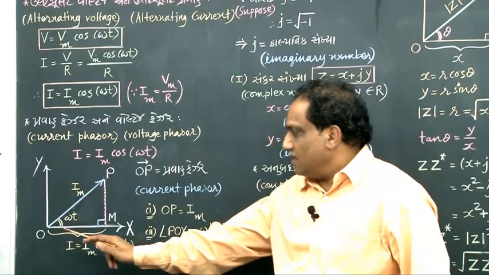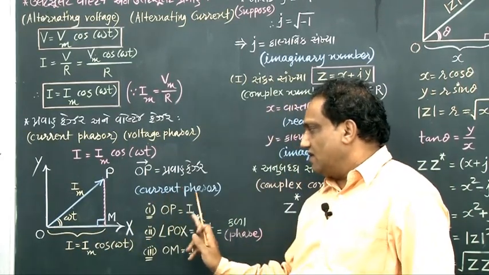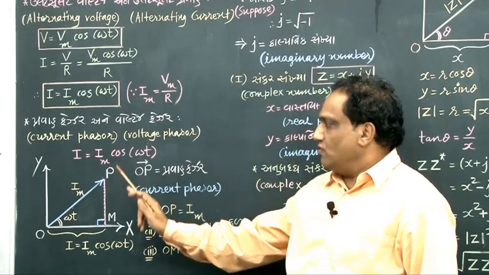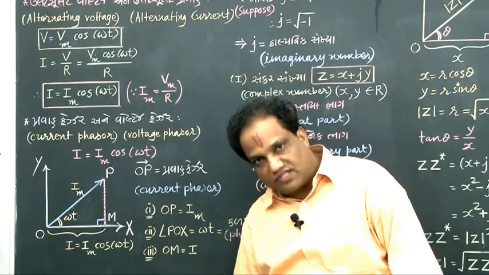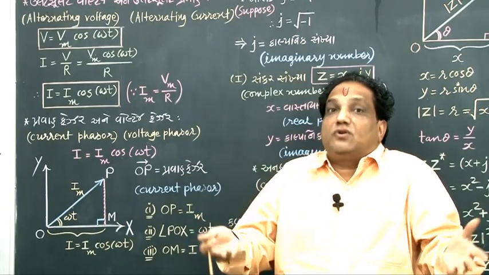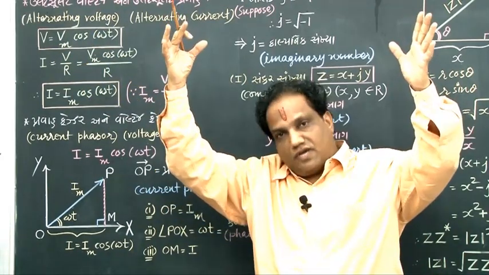So here this vector OP gives you the current phasor. The way you have represented oscillations of current by this current phasor, similarly you can represent oscillations of voltage by a voltage phasor.